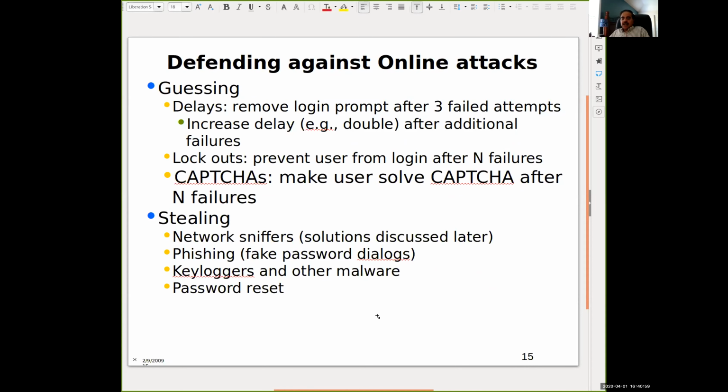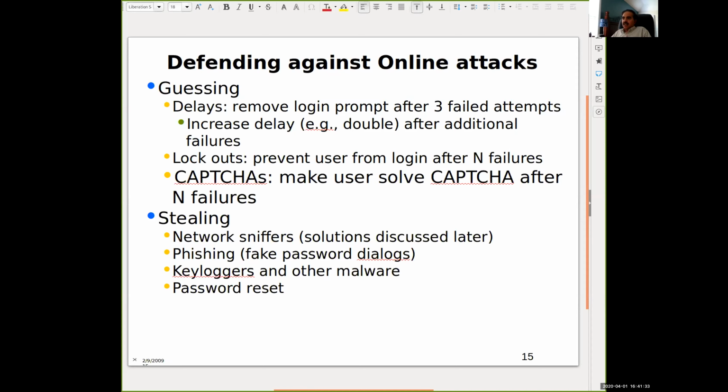Because if the attacker is trying to guess, chances are that they will have to try many times before they are able to get the password. And so the authentication dialog can basically log the user out after a certain number of attempts, or maybe introduce delays.